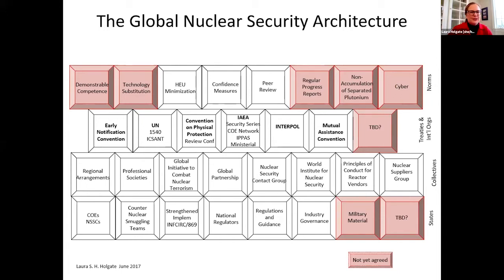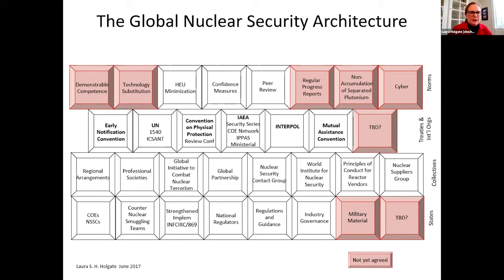For example, the minimization of highly enriched uranium, and the importance of building confidence and carrying out nuclear security activities in a way that is visible to and builds confidence in both publics and international observers and the international community as a whole, in a way that does not reveal sensitive information.